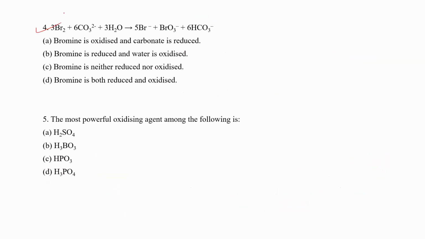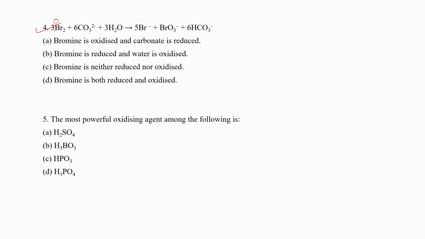Now question number 4. This is very interesting. 3Br2 plus 6 carbonate in the presence of water forms Br-, BrO3- and HCO3-. The options are: bromine is oxidized, carbonate is reduced, and so on. I have to look at the oxidation state.